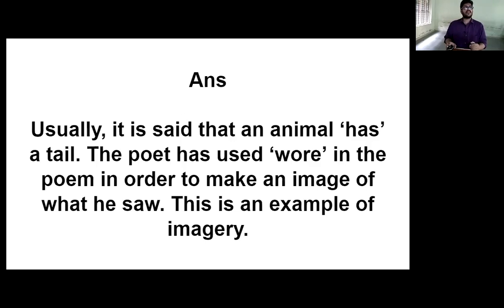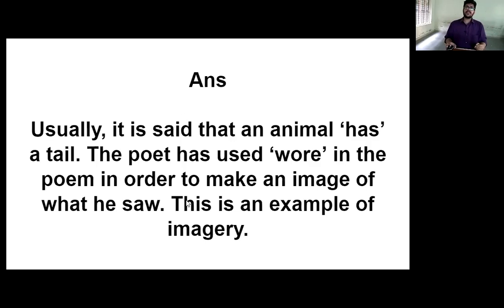So we will definitely use has for having a tail. The poet has used wore in the poem in order to make an image of what he saw. This is an example of imagery. So actually, the poetess is trying to make an image of what he saw. So this is an example of imagery.